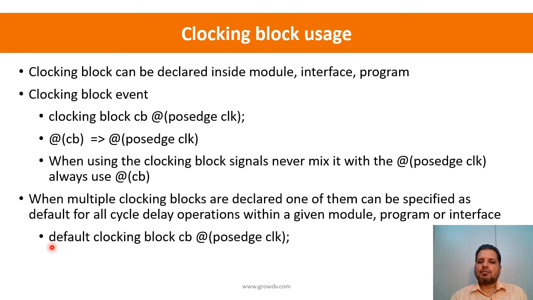Either it could be explicitly specified, or you can set up a default clocking block, default being a keyword over here. And if you set up a default clocking block CB, then that specific clocking block's clocking event will be used for the double hash delays.